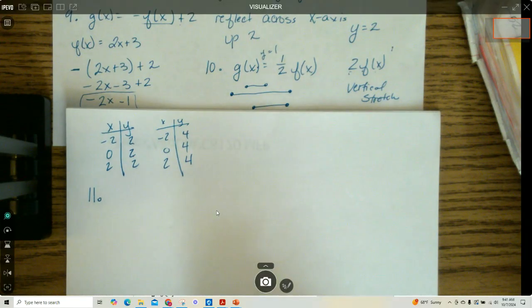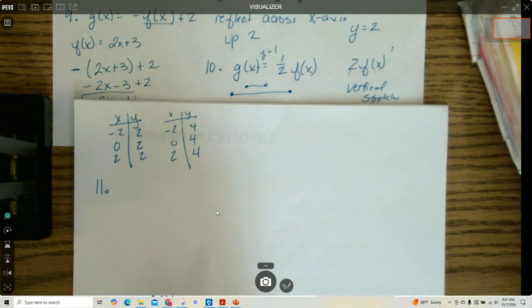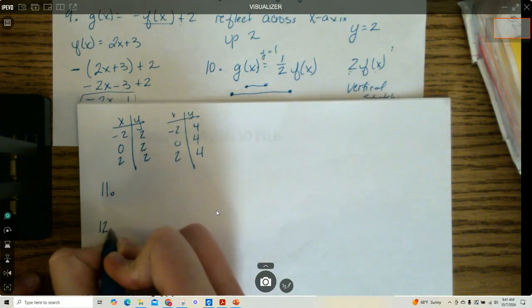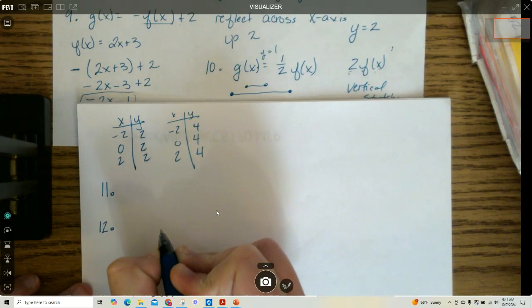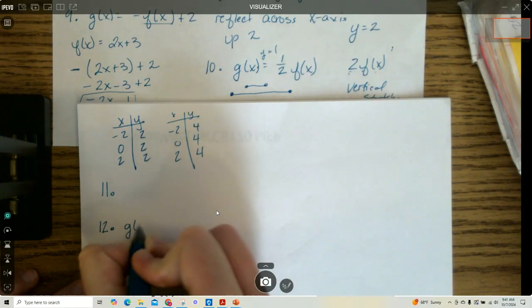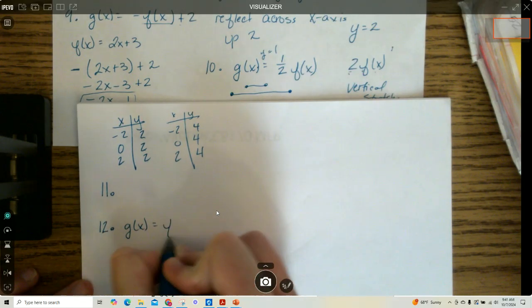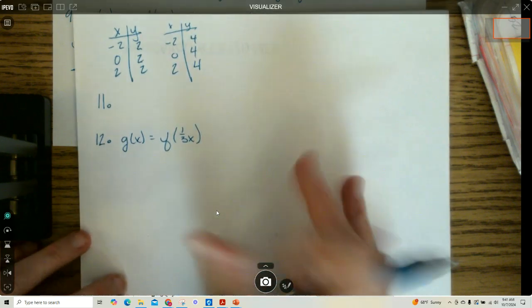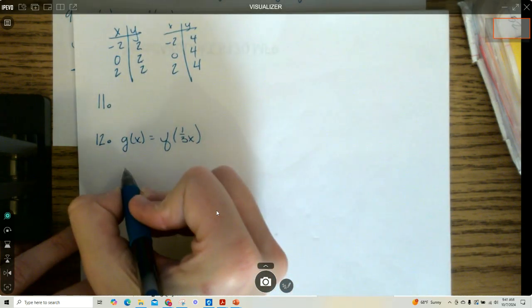Let's put the exact same question. Is it another horizontal line? Well, no, it's literally the exact same. It may just be an oopsie. Use the graph y equals f of x shown below to graph the function g of x equals f of 1/3 x. What's your graph look like?